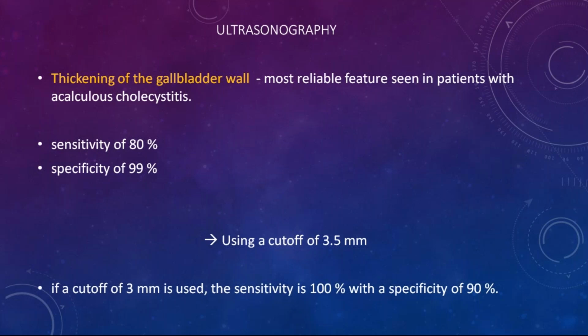In ultrasonography, what you see is thickening of the gallbladder wall. In the coming slides, I will show you how it looks in an ultrasonography. If the gallbladder wall is thicker than 3.5 mm, that is the cutoff, you should always be suspicious of an inflammatory phase going on in the gallbladder.